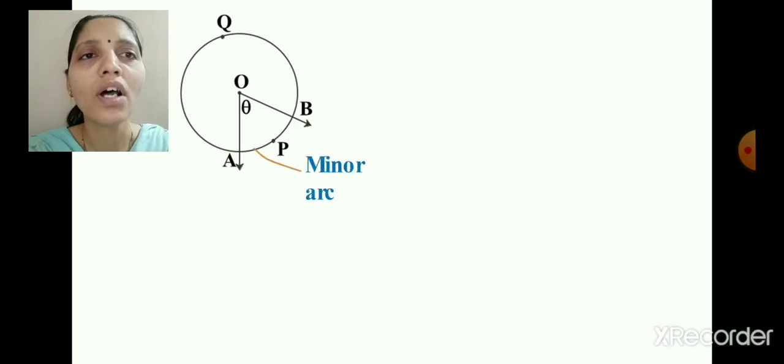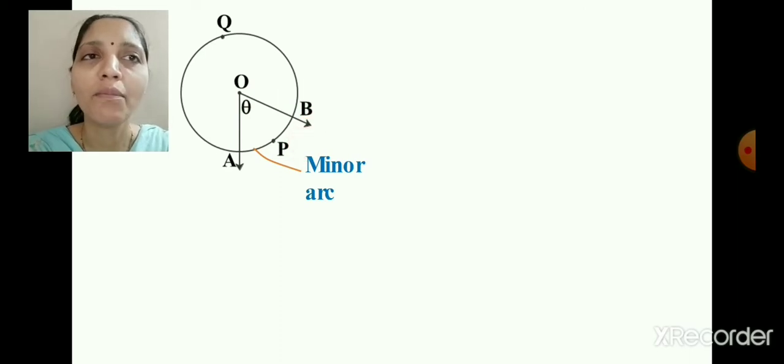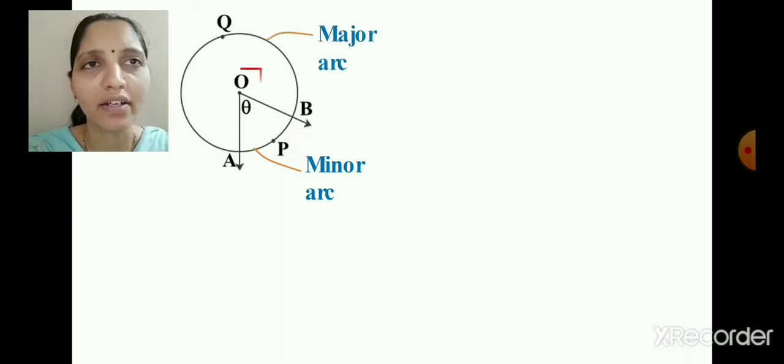So due to this central angle, the circle is divided into one smaller part and one bigger part. This smaller part along with these end points, point A and B, is called the minor arc, and this bigger arc is called the major arc.